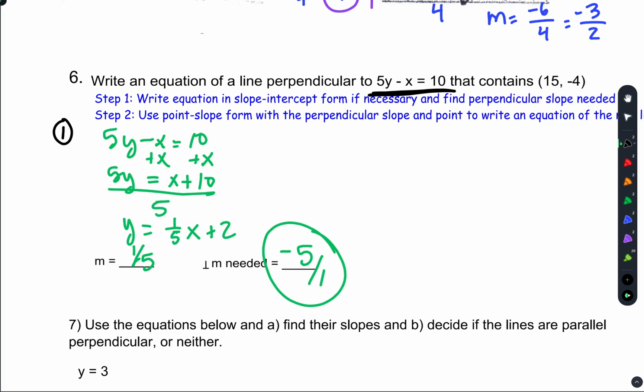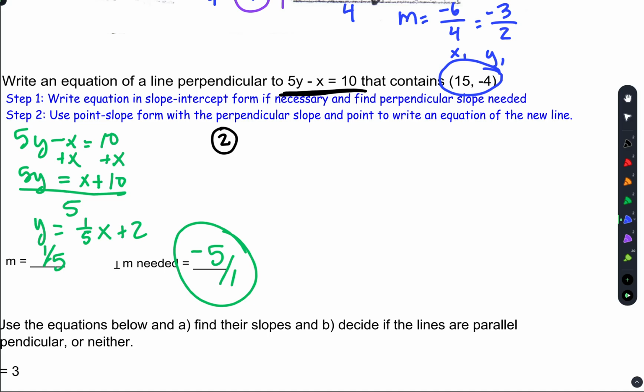And in step 2, I'm going to write it in point slope form with this point right here, 15, negative 4, x1, y1. Y minus y1, which is plus 4, equals my new slope, negative 5, times x minus x1.